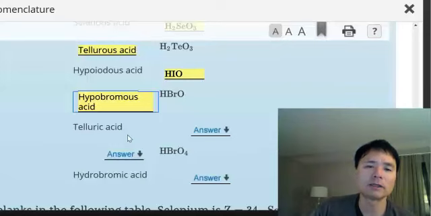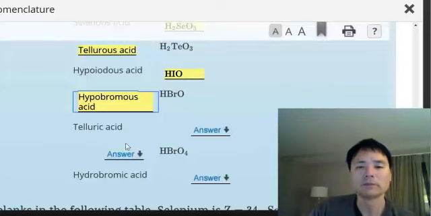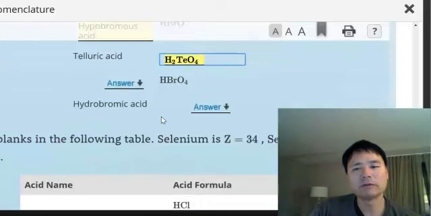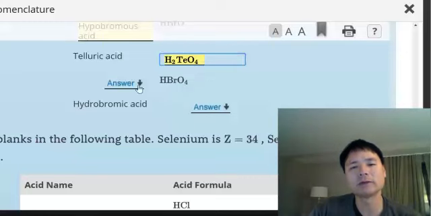Tellurate is going to be TeO4 2 minus. That would be H2TeO4. Okay, there we go. Finally, HBrO4. HBrO4 is perbromate, BrO4 minus. Perbromic acid would be the answer here.